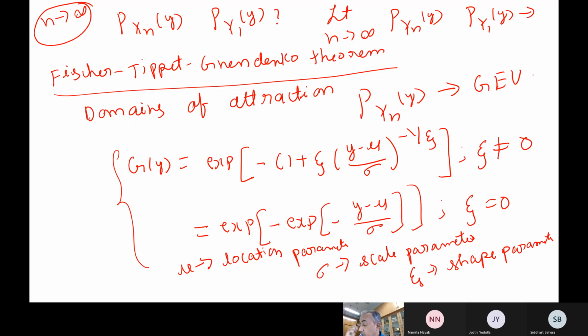Now this generalized extreme value distribution we can split into 3 types. One is what we call type 1, also known as the Gumbel distribution.